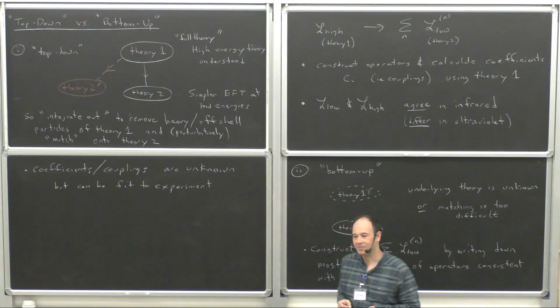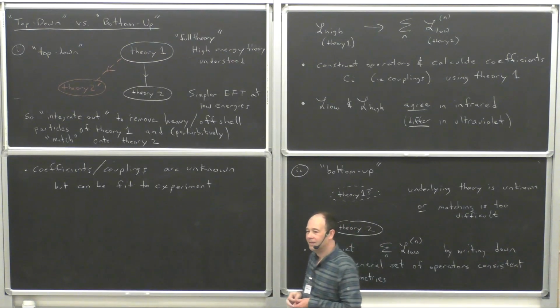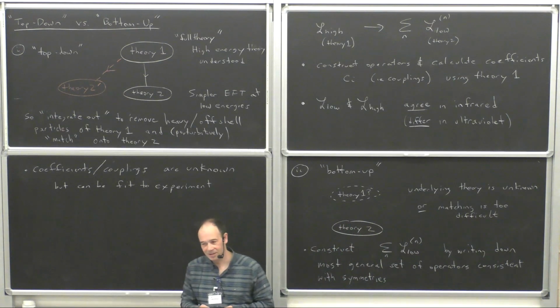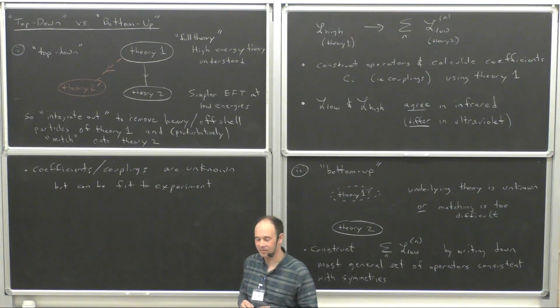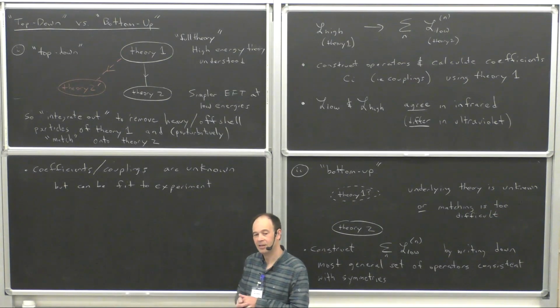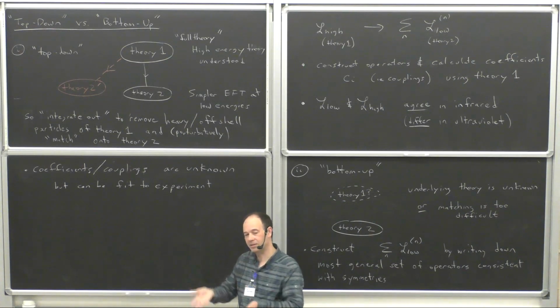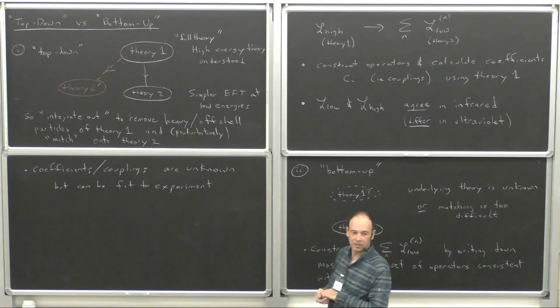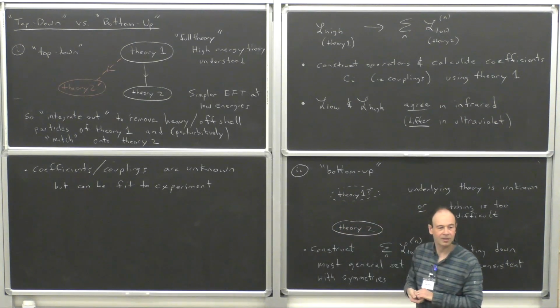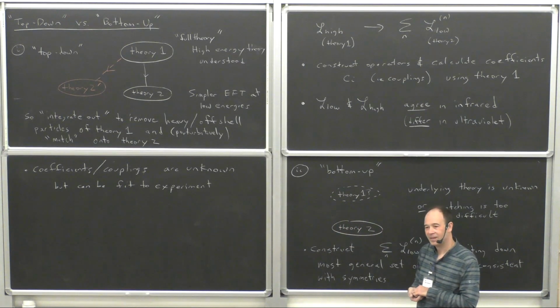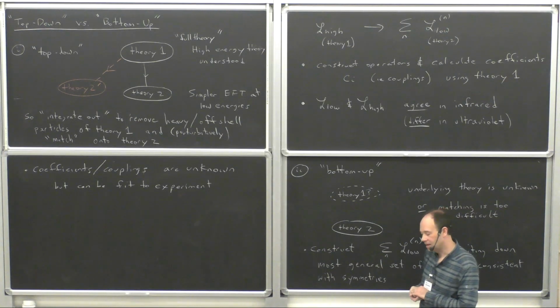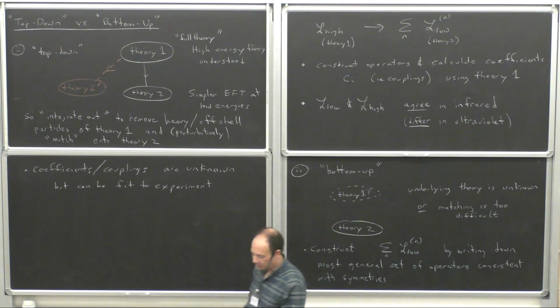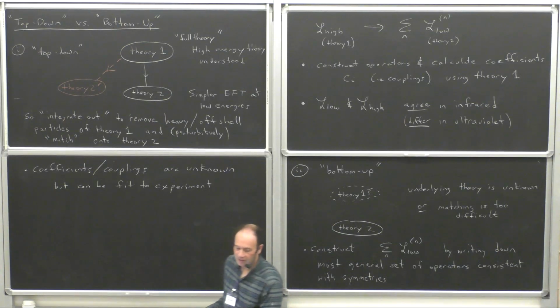Anyone else for a top-down? Non-relativistic QCD, very good. Non-relativistic QCD is for two heavy quarks. Again, we know the QCD Lagrangian, we can match down from QCD to non-relativistic QCD. Yep, exactly. The standard model can be matched onto that.